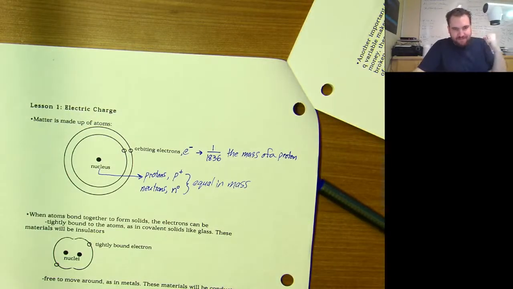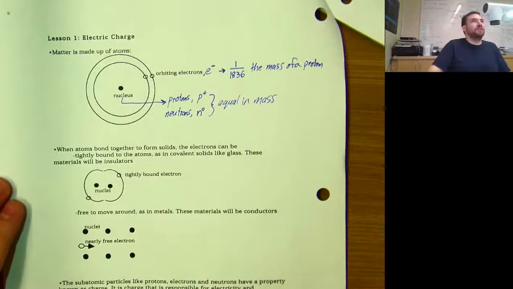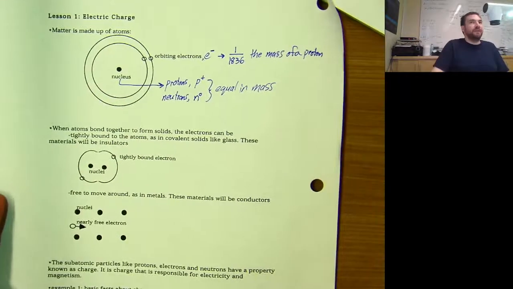Yes, 1 over 1,836. That is the correct value. Very tiny, which makes a lot of stuff really easy to do in what we're going to look at now.